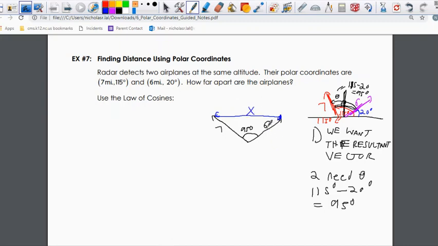And we can find x using the law of cosines. We can say that x squared is equal to 6 squared plus 7 squared minus 2 times 6 times 7 all times the cosine of 95 degrees.